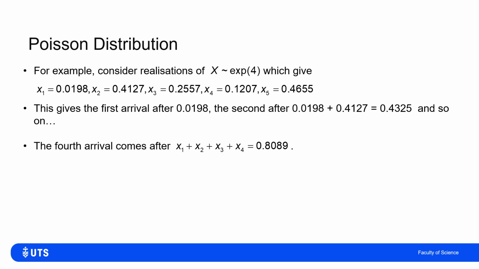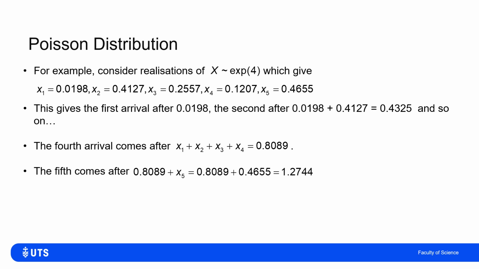So the fourth arrival happened after 0.0198 plus 0.4127 plus 0.2557 and so on. So the fourth arrival happened after 0.8089 units of time. And the fifth arrival happened after 1.2744 units of time.